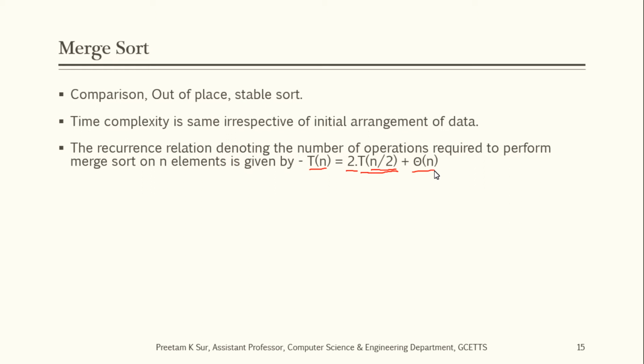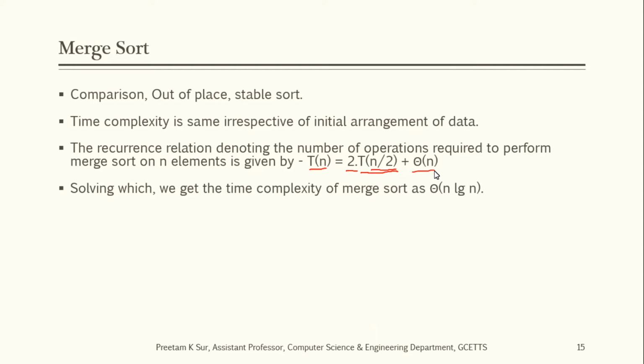Okay. Now, if you solve this recurrence relation, you will find that the time complexity of merge sort is nothing but theta of n log n. There are numerous ways that we have learned in the course of design and analysis of algorithms to solve recurrence relations, like the recursion tree, the iterative method, and Master's theorem.